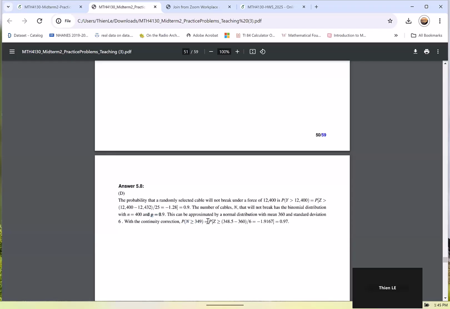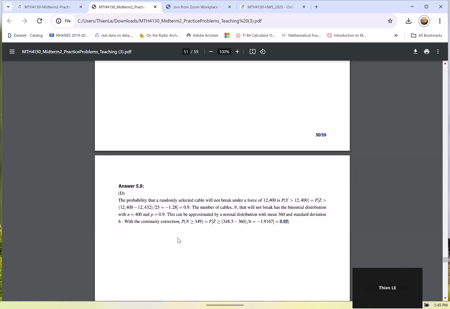But in your P exam room, you need to apply the continuity correction. So instead of looking for 349, you look at 348.5, subtract the mean, and divide by the standard deviation, and it gives us about 0.97.